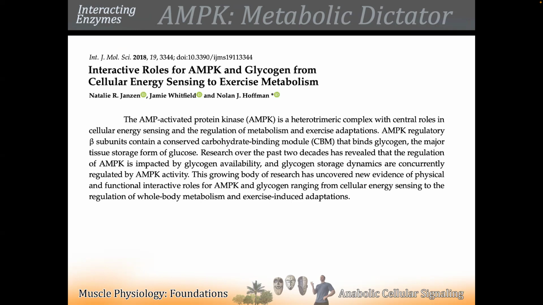So it's helpful to be able to sense carbohydrate levels within the cell as a component of that cell's total energy availability. And depending on the branching characteristics of the glycogen, it can be more or less inhibitory on AMPK.